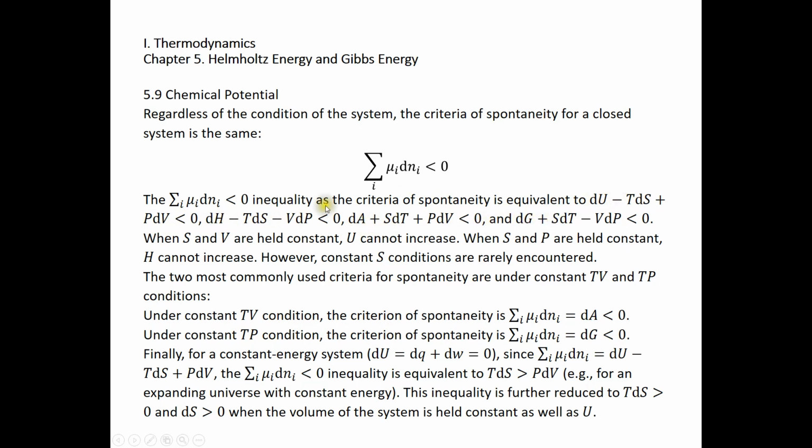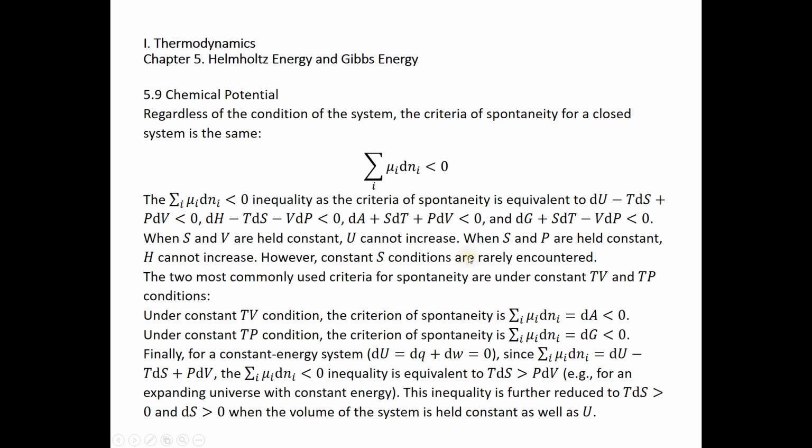Now let's look at the first 2. When entropy and volume are constant, dU must be negative. U cannot increase. The internal energy of the system must decrease until the equilibrium is reached. When entropy and pressure are held constant, then dH must be negative. H can only decrease. However, constant entropy conditions are rarely encountered.